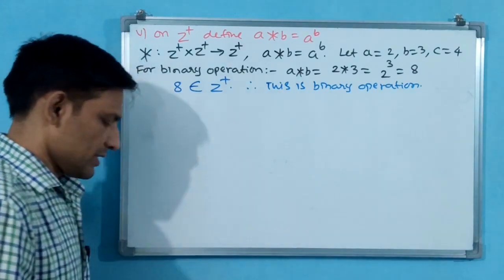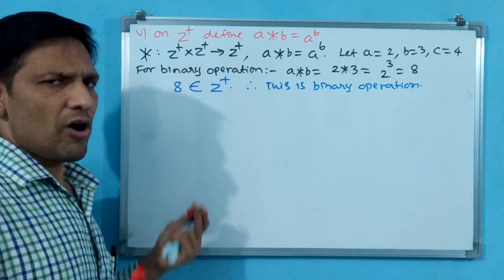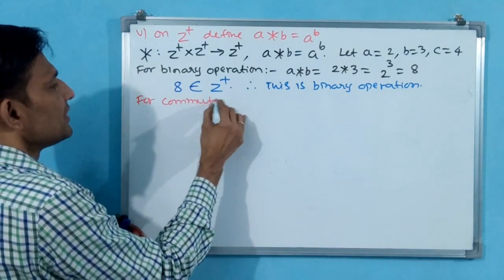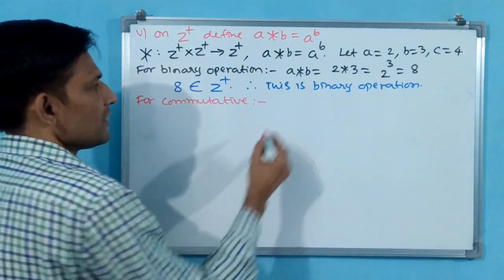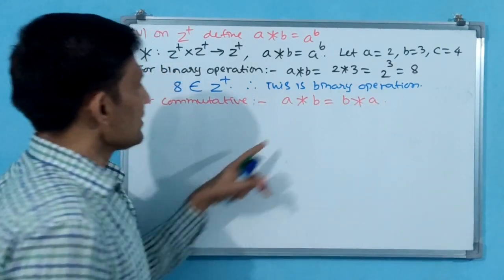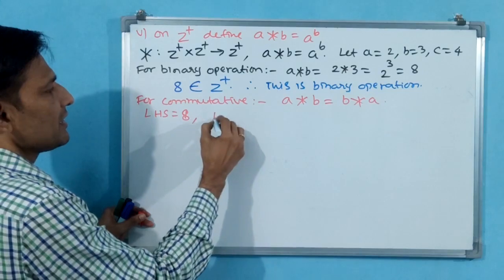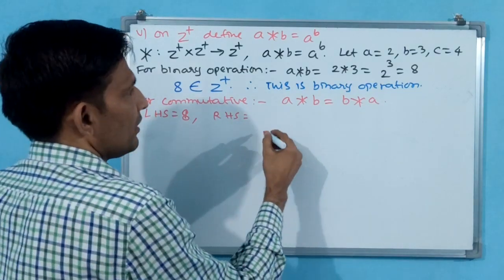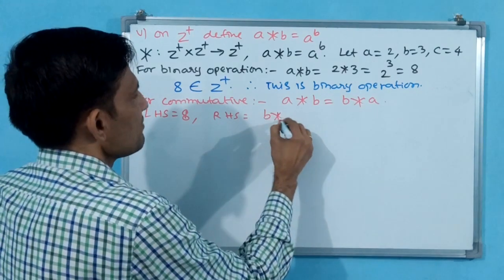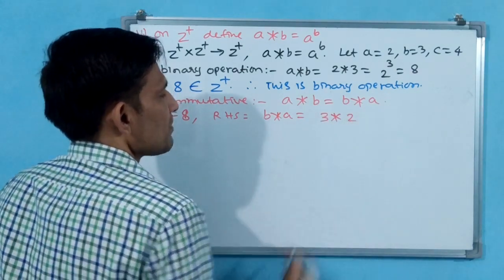Because this is binary operation, you go further. For commutative. Commutative means what is the property? A star B should be equal to B star A. LHS already you are having 8. You write LHS is equal to 8, comma, RHS is equal to, now B star A. Write first B star A, that is equal to, B is 3 star A is 2.